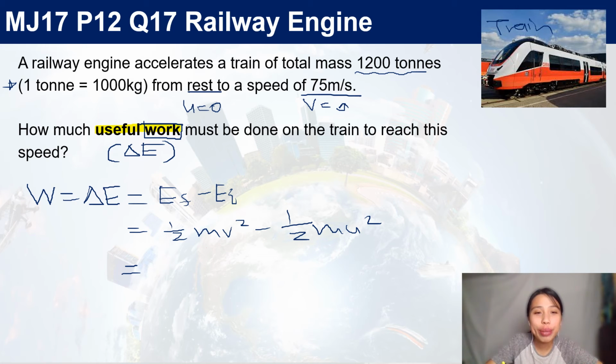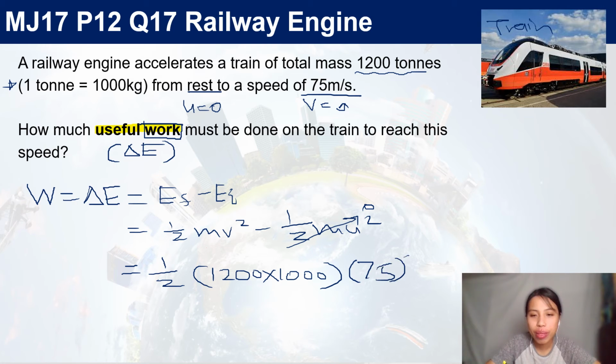Conveniently, in the beginning, everything is at rest, so that is our reference point. Zero is at rest for this case. So all we need is half, what's the mass of this train? 120 tons times 1000 kg, times velocity. What is velocity? Oh, 75, yes. Minus 0, you can write it out if you want, or skip it, that's fine too.